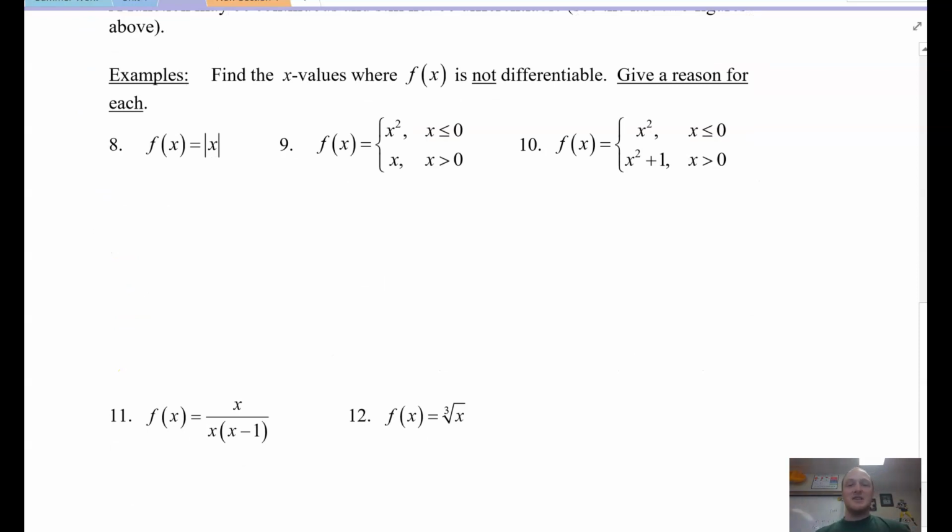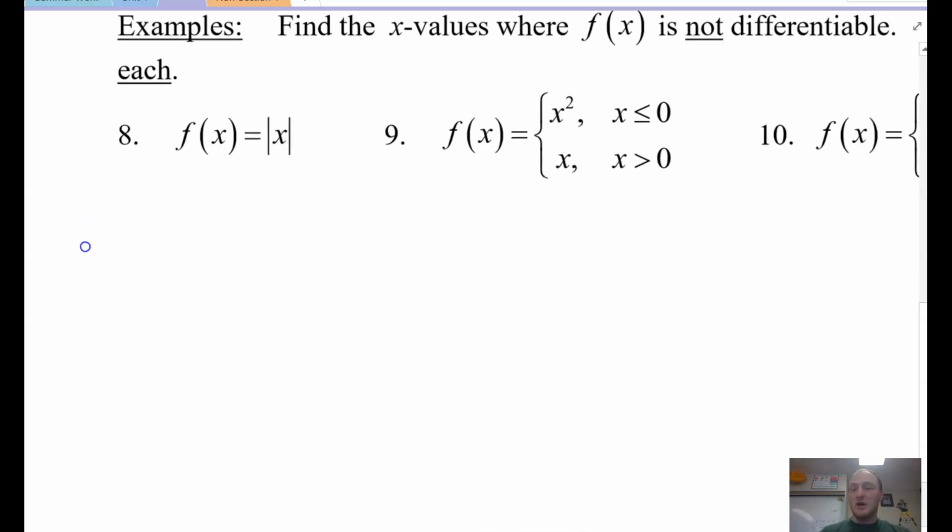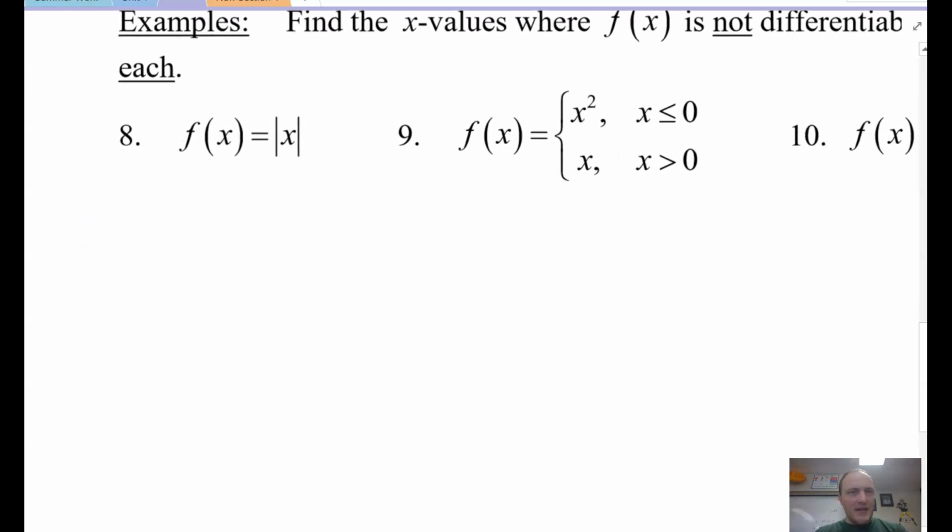Here it says, find the x values where f of x is not differentiable, and give a reason for each one. Number 8, this is the absolute value of x, and I hope you already have an idea of this. From 0 on, I have a line going up, and then it's the absolute value, so all negative values become positive, and we have this.